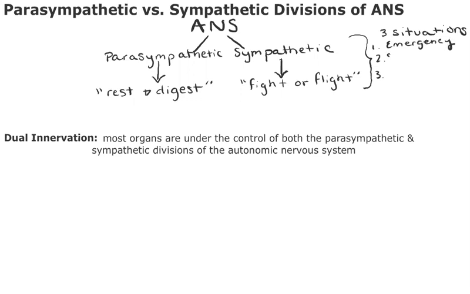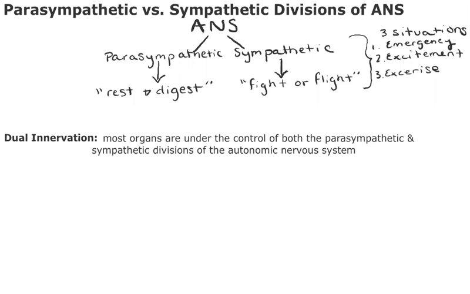Next, we have whenever you're really, really excited. And finally, during exercise. Your sympathetic nervous system is going to take over and force your body to focus on the stressful situation and not worry as much about digesting food or going to the bathroom.